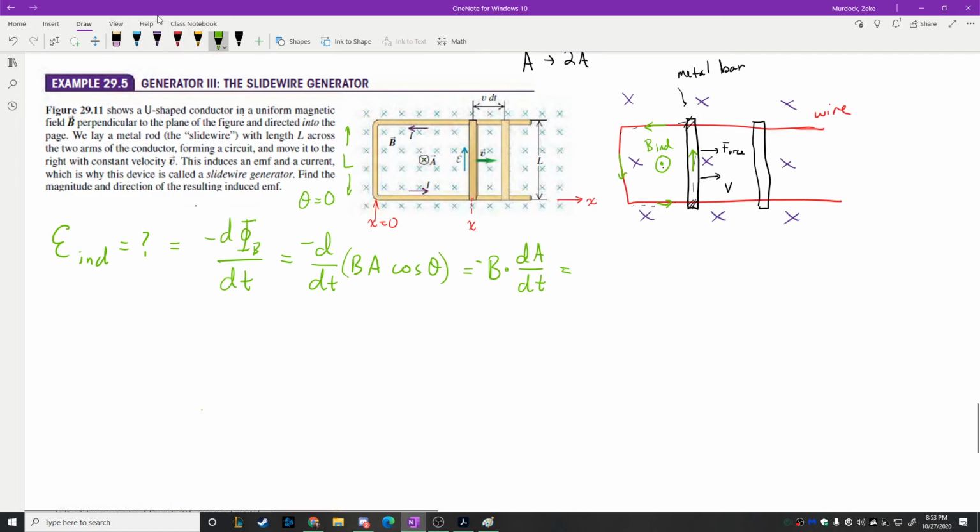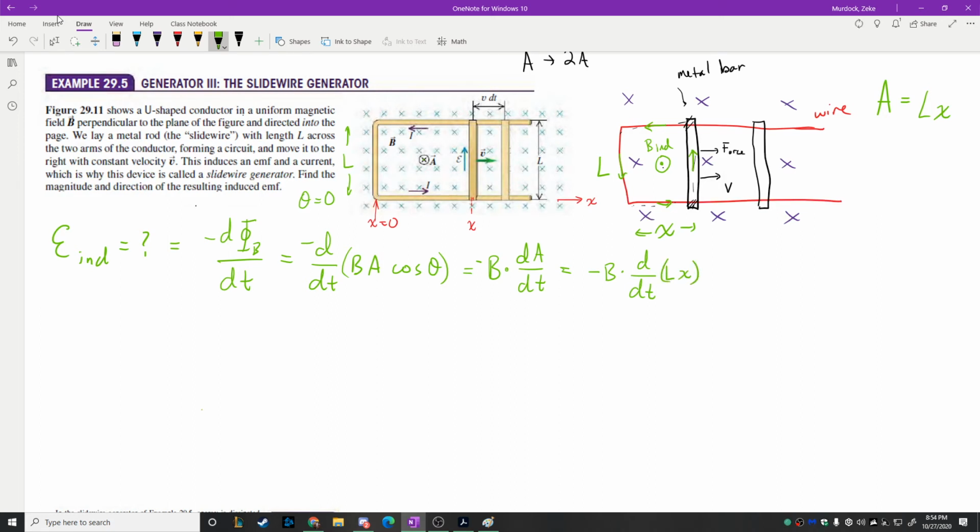So I'm going to say that the EMF that's induced now is going to be negative B times d/dt of the area, where the area in this case is just equal to L times x, where this side is x and this side is L. Sorry, I'll use capital L because that's what they're using in the picture too, big L. So the area is going to be L times x.